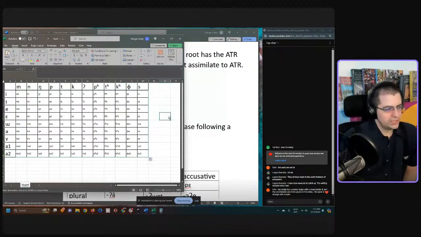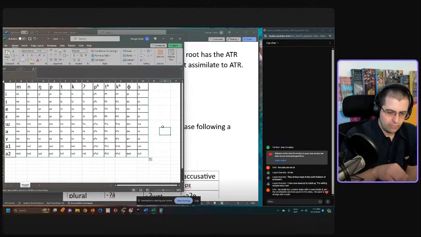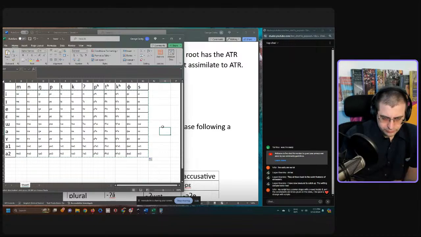The question is how I would represent the distinction. The thing about a vowel harmony system is that those vowels still are distinct and can still form minimal pairs.